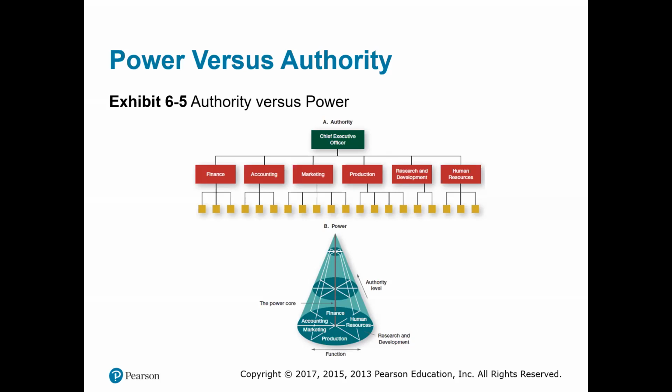Your ability to reward people, your ability to punish people. There could be different sources of power that you depend on, and it's important that you become part of the power cone or the power core, so that you have more control of what happens to you, your people, your department, and eventually your own career.